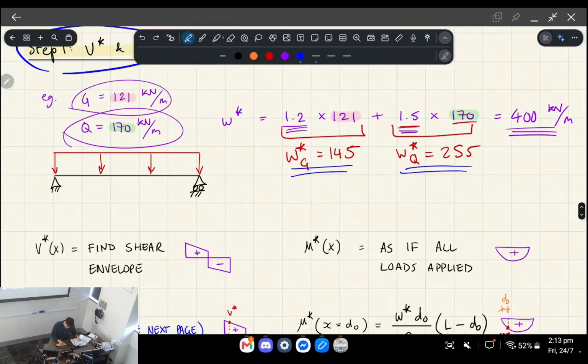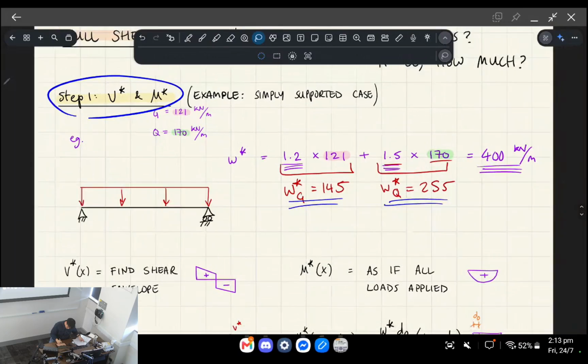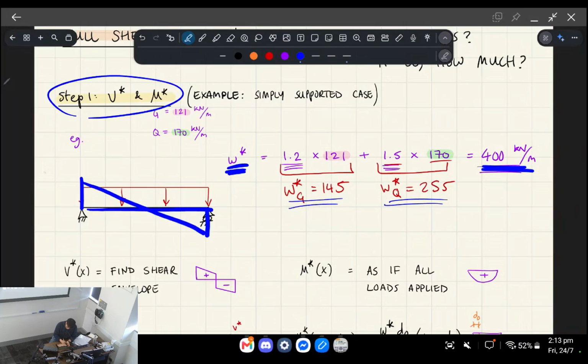Okay, so intuitively, you would think that the worst shear that we could possibly have is if we get 400, the ultimate distributed load, and just put it over the entire beam, right, because we know that a shear force diagram that looks like this has the peak shear over here. So that's the peak shear.